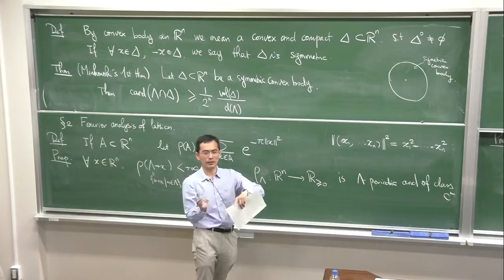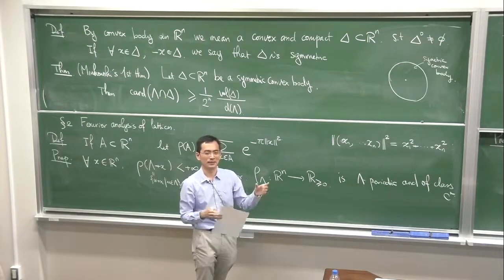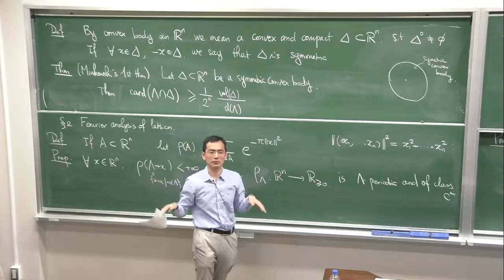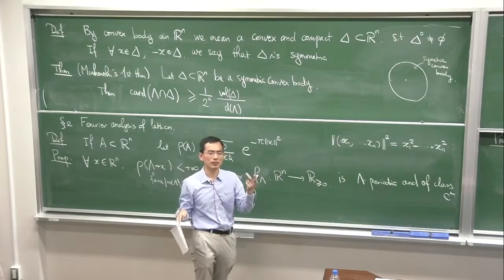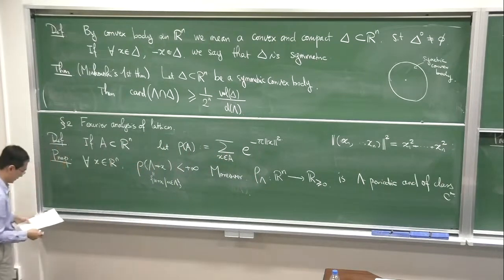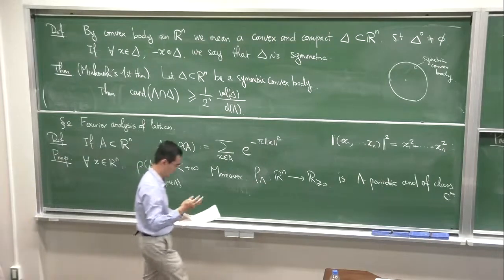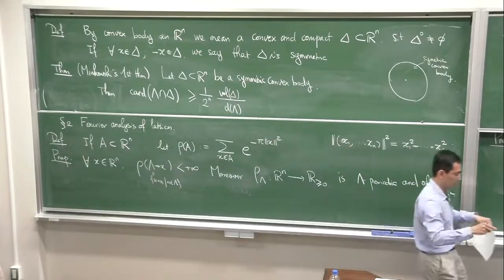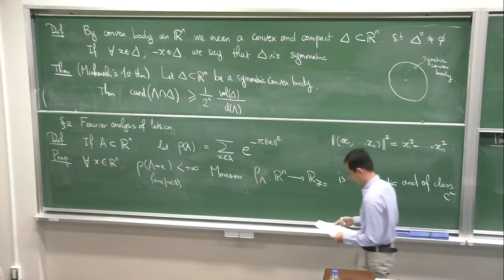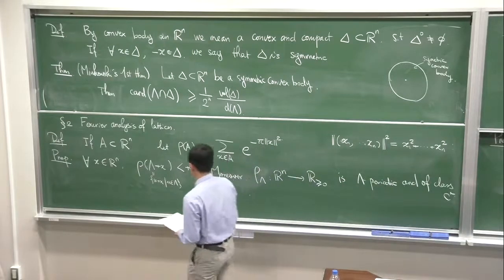Near the origin it is almost 1, and far away from the origin it decreases very fast. So it permits to detect the number of points around the origin. That is the motivation of introducing such functions. It permits to distinguish points which are very near the origin from points which are very far away from the origin.